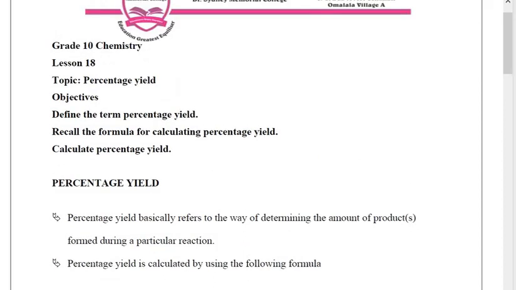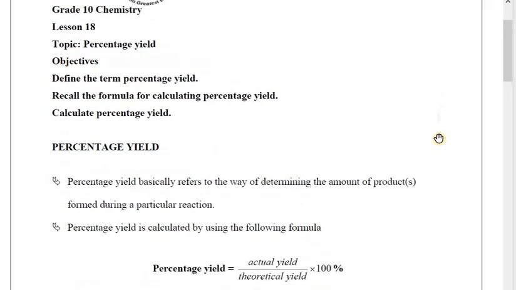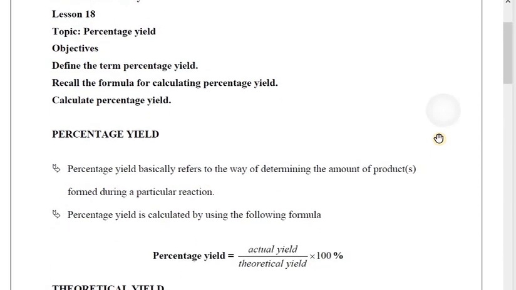Basically, what this concept is about is to show that sometimes, even though you have certain quantities of reactants taking part in a reaction, some of the material is lost. It's not destroyed, but it's lost.